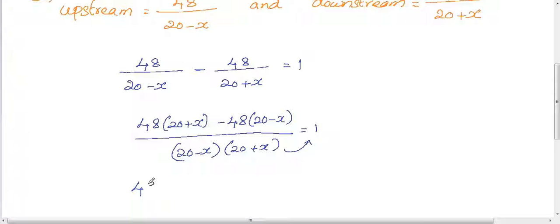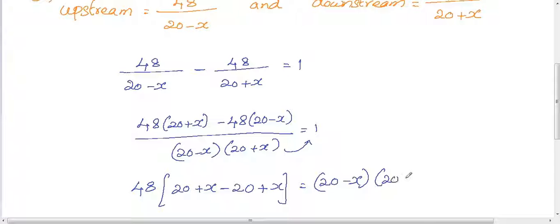So if you move that to the right hand side, we'll get 48 common in the numerator, so take out 48. So 20 plus x minus 20 plus x equals, if you move the denominator to the right hand side, 20 minus x into 20 plus x.